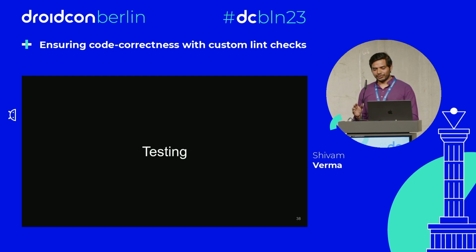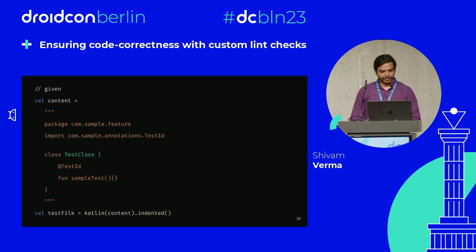So let's now jump into how we are going to test this. Based on my personal experience, it's best to write tests. While you're developing, it's very easy to test with your actual test rather than actually test it in the IDE, because you need to be constantly syncing your rules to apply in the IDE. To test, we start off by saying that let's assume that this is our sample class.